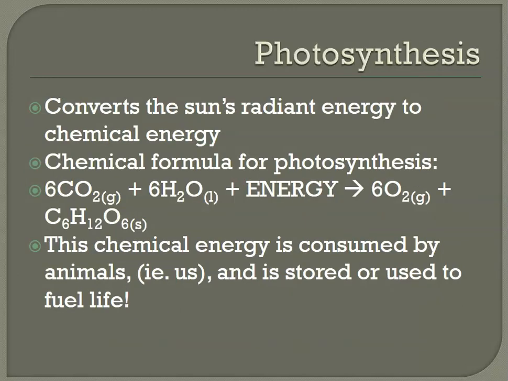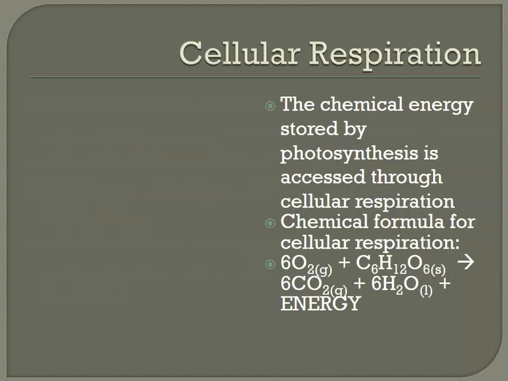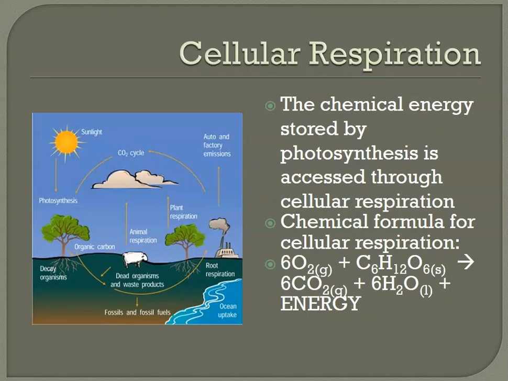The sun's energy has been converted to chemical energy by plants through the process of photosynthesis. You would have learned about this process in science or biology and should have a general understanding of the reactants and products in this reaction. You should also remember the reactants and products of cellular respiration.